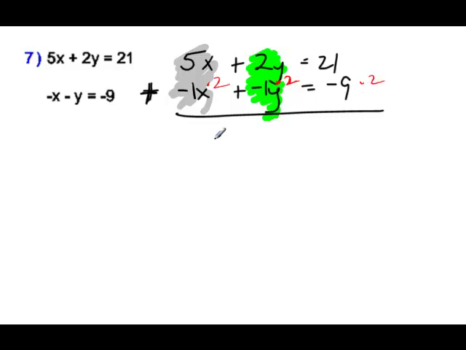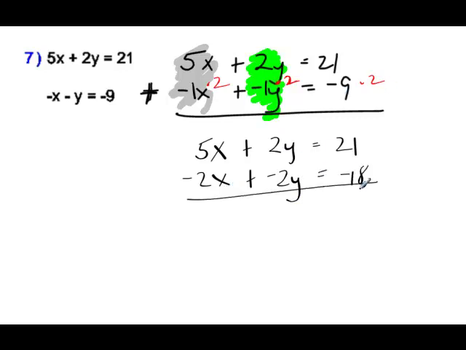Okay, so my new system of equations is still the original one, 5x plus 2y equals 21, but now it's -1 times 2 is -2x, -1 times 2 is -2y, there you go, they're opposites, -9 times 2 is -18. Okay, what cancels? Yeah, these cancel, become 0.